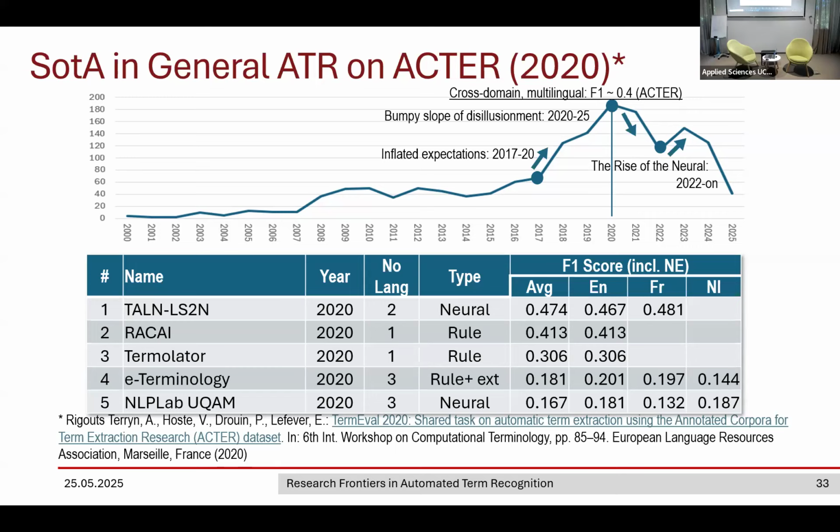And the labeled data set includes also named entities, which are labeled separately, with labels different from the labels of general terms. So this is the average F1 score, which is not high, as you may see.